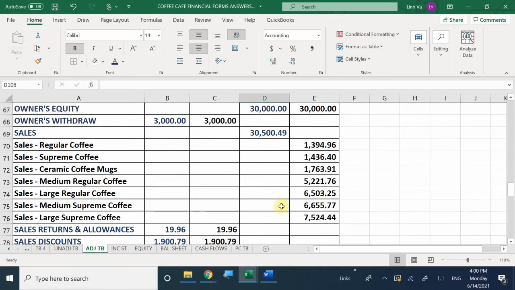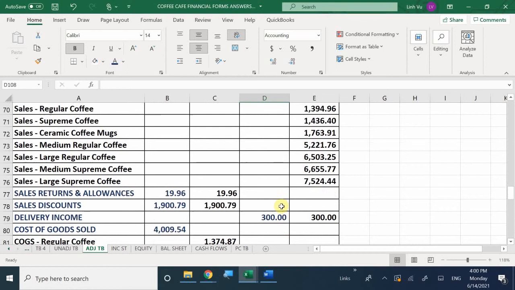Did we do sales? That was the very first thing we started off with. Would it be the wages? Okay, so wages isn't part of sales. Deliveries? What was that? Prepaid?